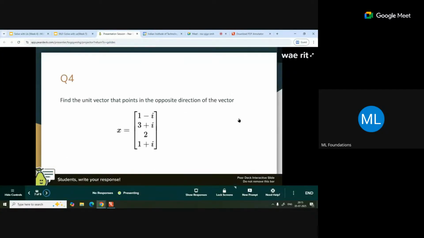Can a case occur where one is zero and the other is not zero? I don't think it will occur.